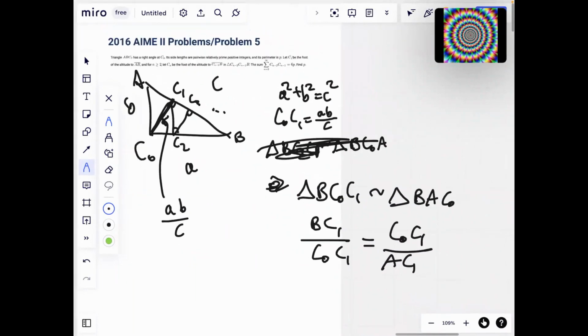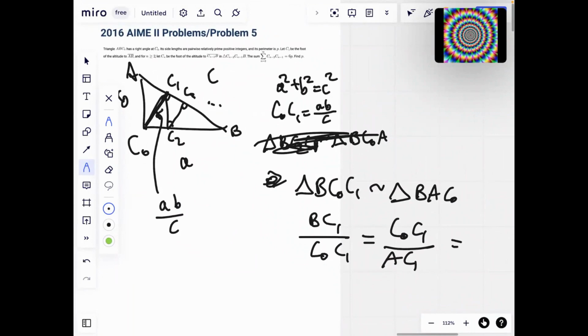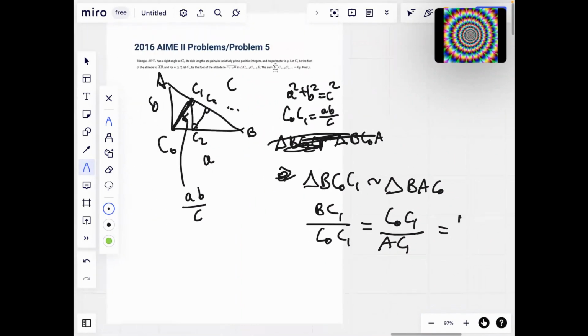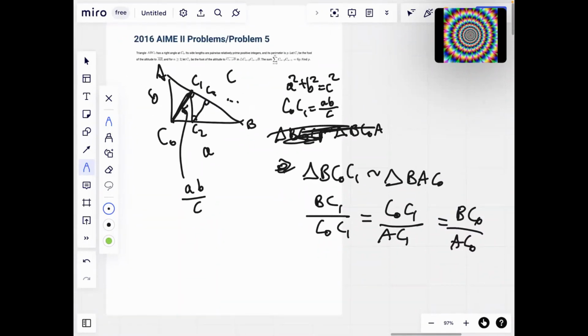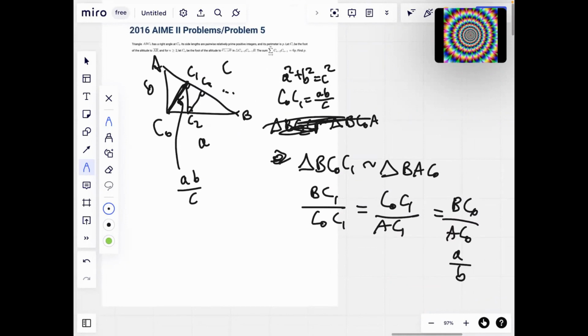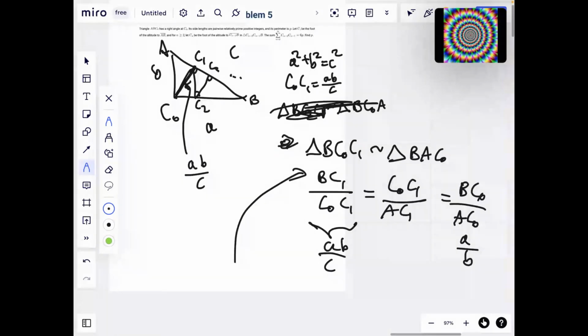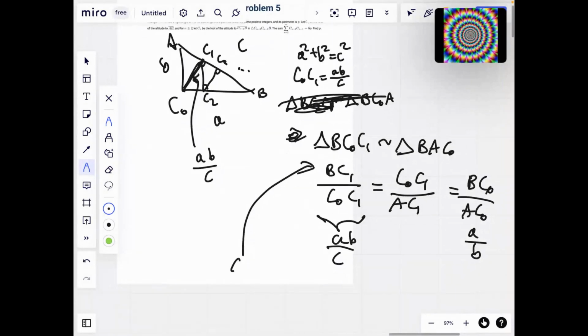And this is also equal to BC0 over AC0, and BC0 over AC0 is A over B. And since we know that C0C1 is just equal to AB over C, that means that BC1 here is just equal to A squared over C.